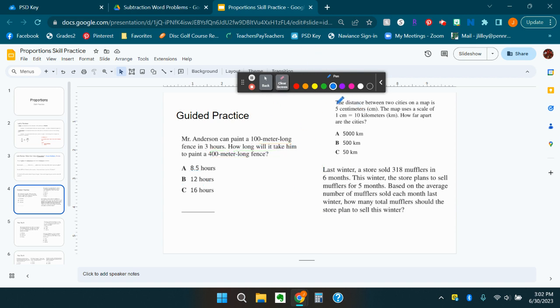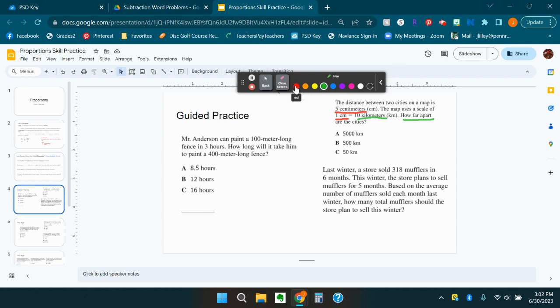The next example says the distance between two cities on a map is 5 centimeters. The map uses a scale of 1 centimeter is equal to 10 kilometers. How far apart are the cities?